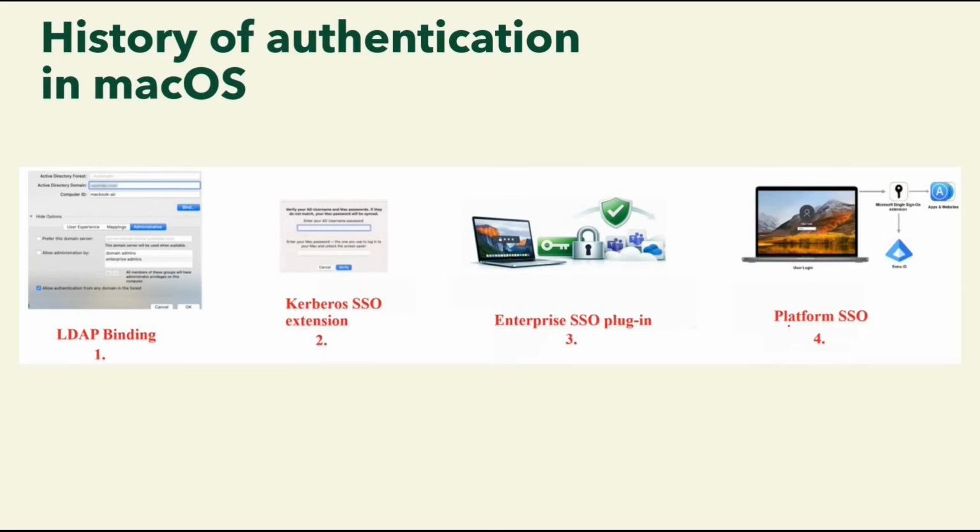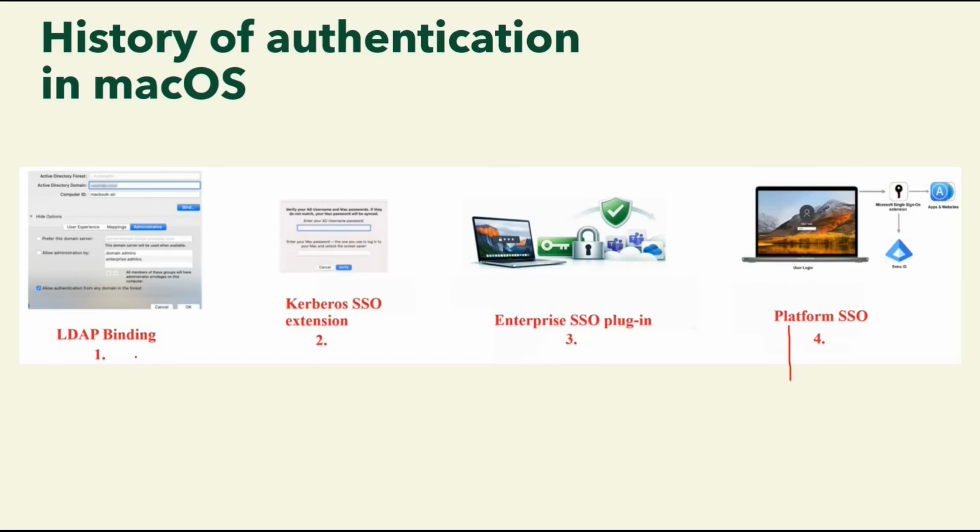Now, I know that this session is about platform SSO, but it is important that we have a basic understanding of what LDAP binding is, and then how we progressed towards Kerberos SSO, then how we progressed from there towards enterprise SSO, and then how we moved to platform SSO, what a SHIM is, how a SHIM fits into the picture, and stuff like that, right?